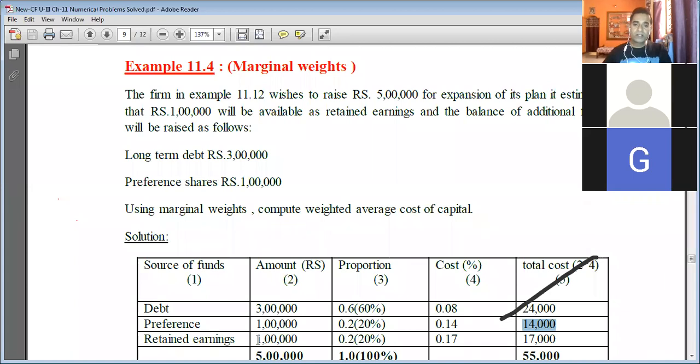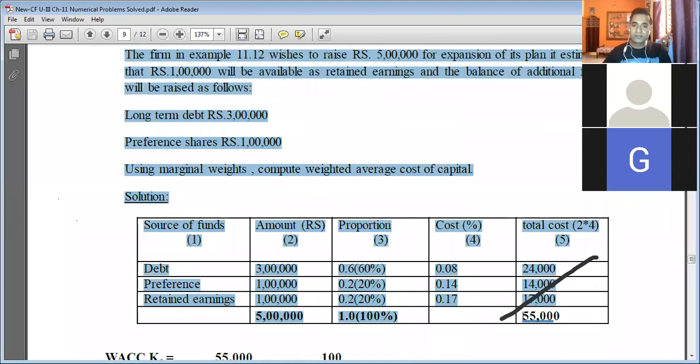For retained earnings, 1 lakh multiplied by 0.17 is equal to 17,000. So the total cost of raising this 5 lakh additional capital is 55,000 rupees.